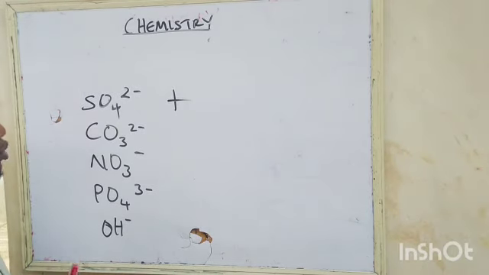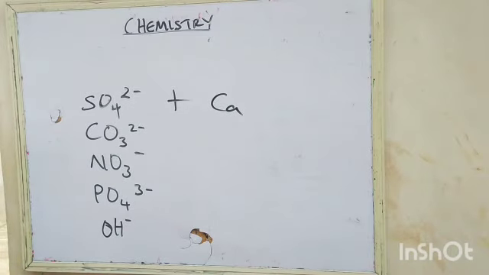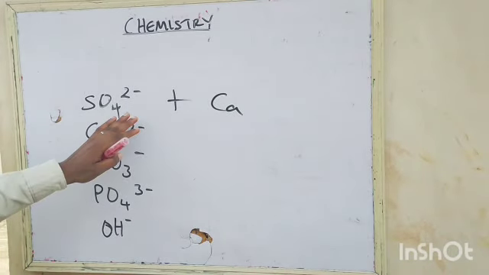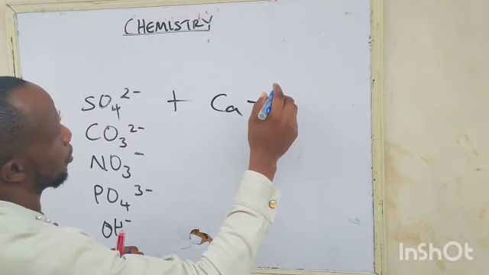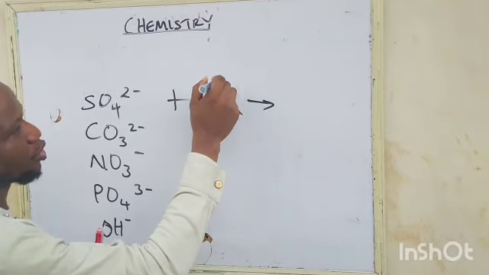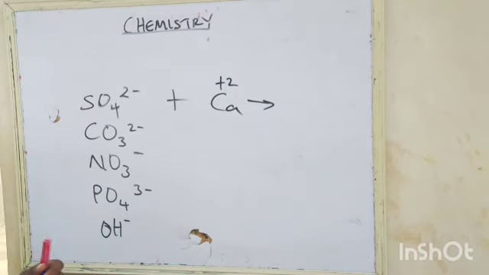They are donors of electrons, so they are usually positively charged, and in most cases they react to form their unique bonding. Now, sulfates with, say, calcium. This is also in group 2, plus 2.